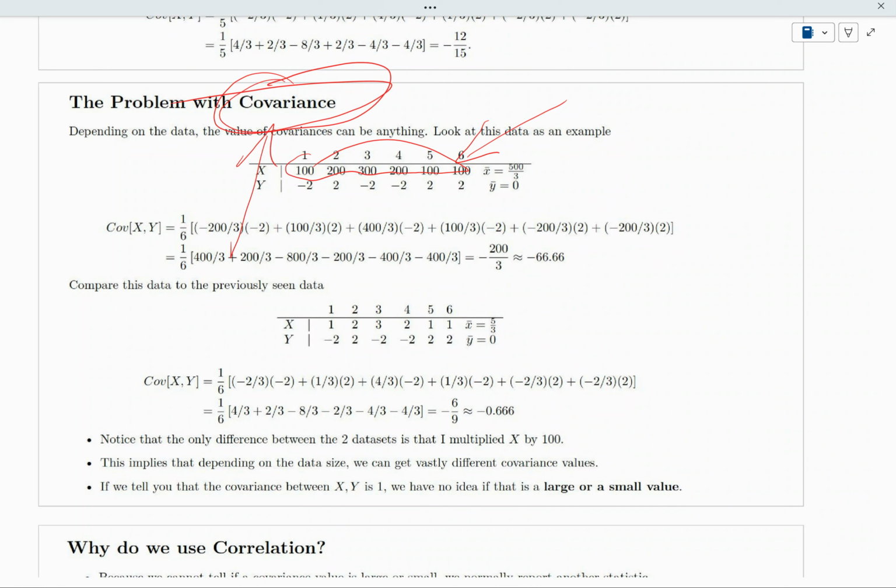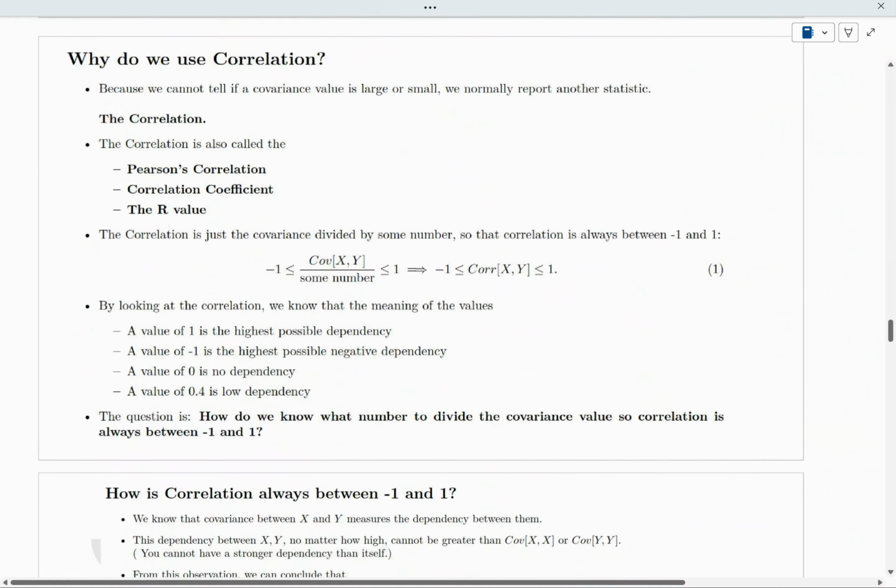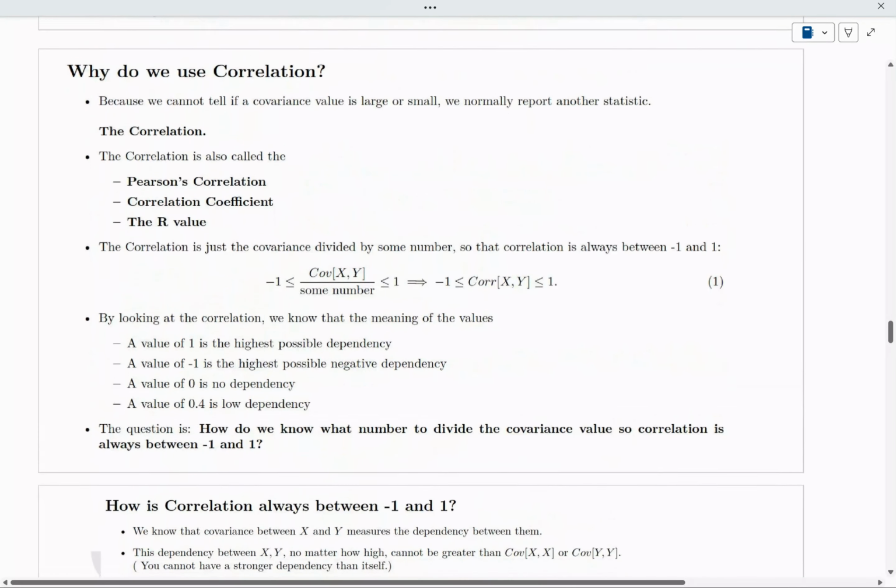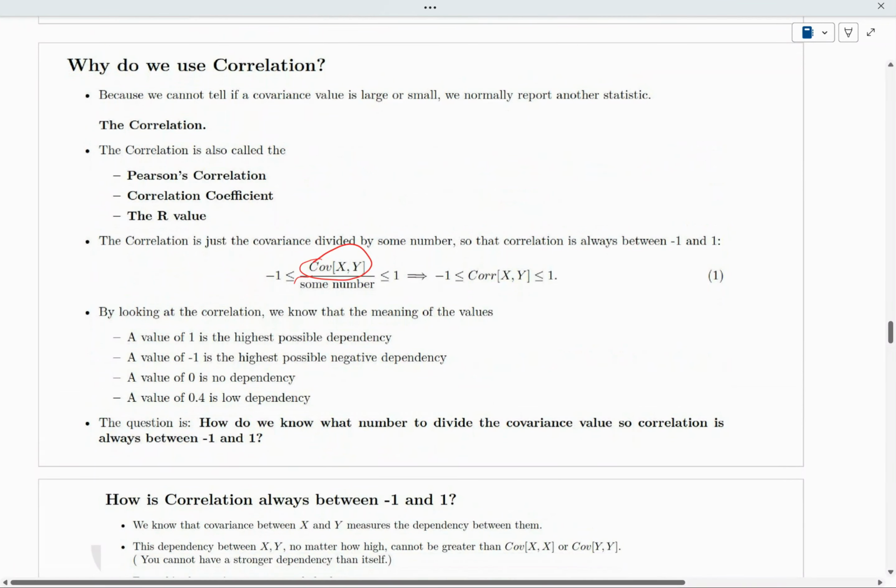So to fix this problem, what we like to do is scale covariance into a certain range. Maybe take the covariance and divide by some number. And by dividing by this number, we can guarantee that the result is always between -1 and 1.